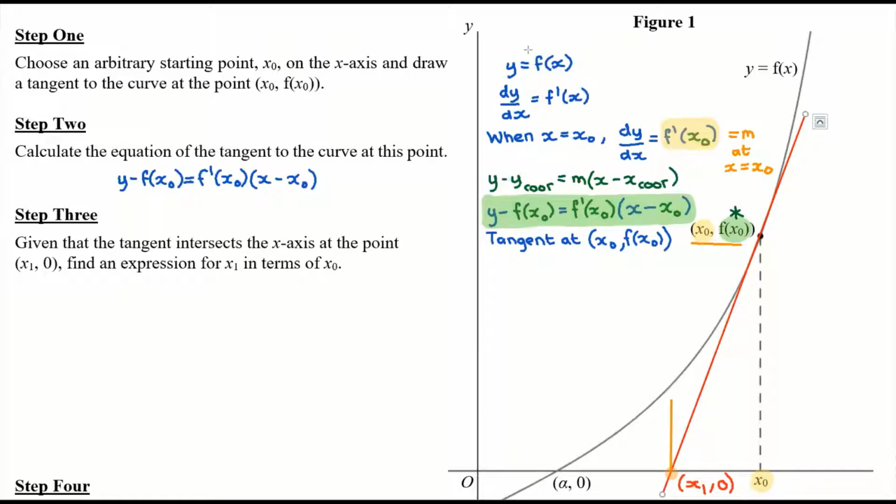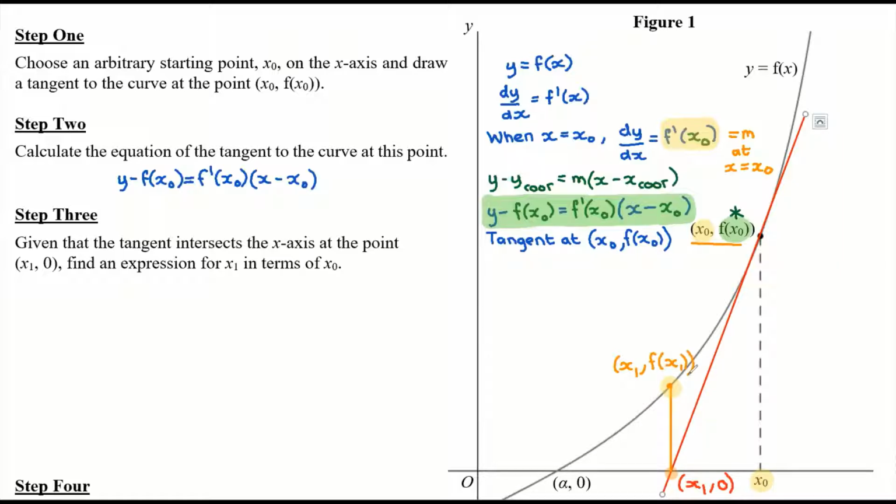So if I just draw a vertical line upwards like that, okay, so I've now got a point on the curve. Now, this point here, I'm just going to highlight it. This has a particular value as well. So this point right here has coordinates x1, and f of x1.